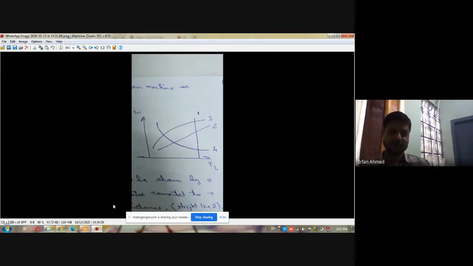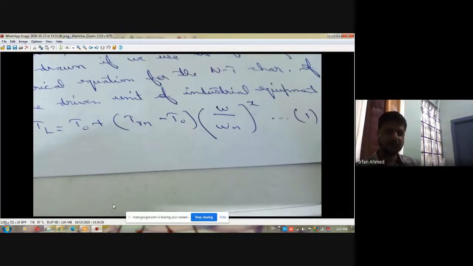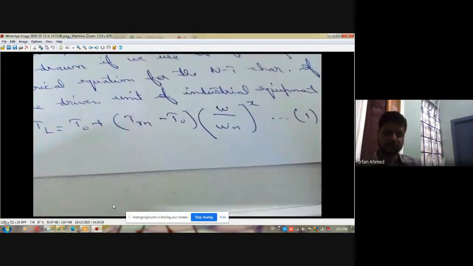I think he has drawn it like this to better depict it, probably. But in actual practice, omega is the independent variable and the load torque is the dependent variable, as is seen from this equation also. So if you put the value of x equal to 2 in this equation, you get load torque as a function of the square of the speed. That is the curve 3 shown in this diagram.